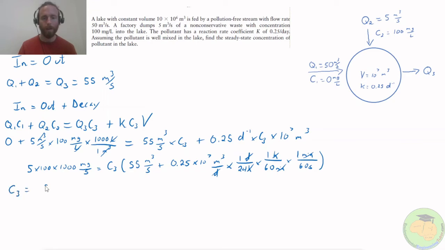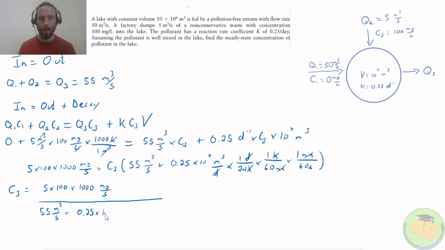C3 equals 5 times 100 times 1000 milligrams per second over, it's going to be a big one, 55 meters cubed per second plus 0.25 times 10 to the 7 over 24 times 60 times 60 meters cubed per second.